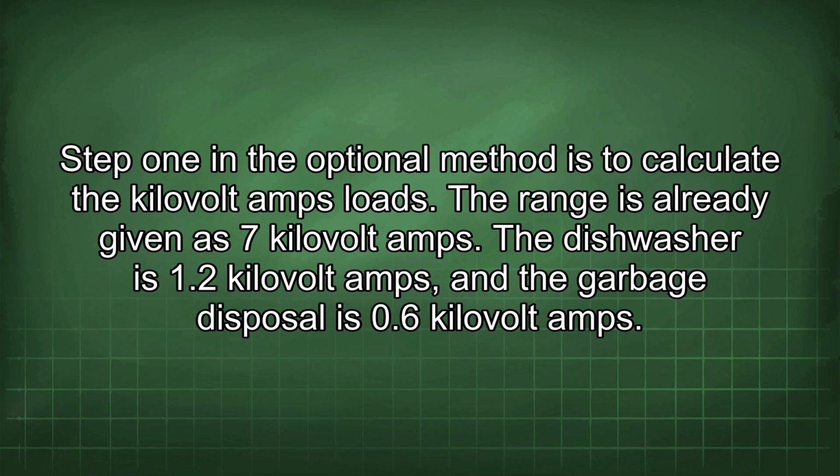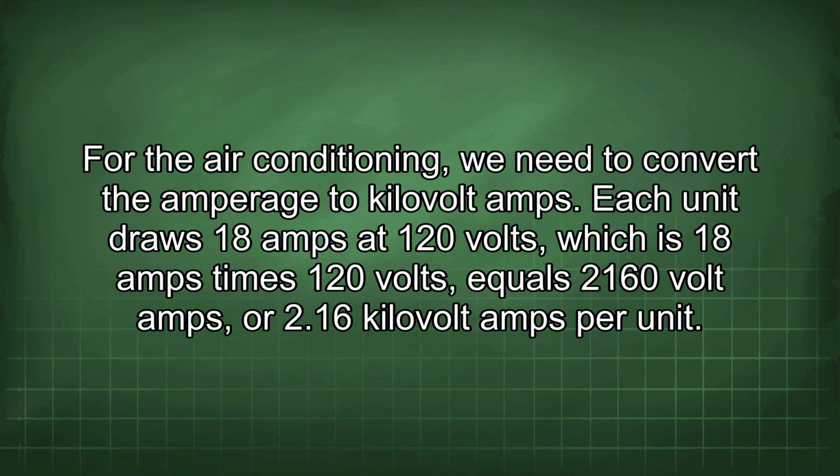Step 1 in the optional method is to calculate the kilovolt amps loads. The range is already given as 7 kilovolt amps. The dishwasher is 1.2 kilovolt amps, and the garbage disposal is 0.6 kilovolt amps. For the air conditioning, we need to convert the amperage to kilovolt amps.